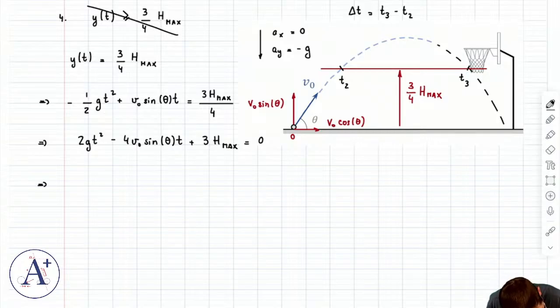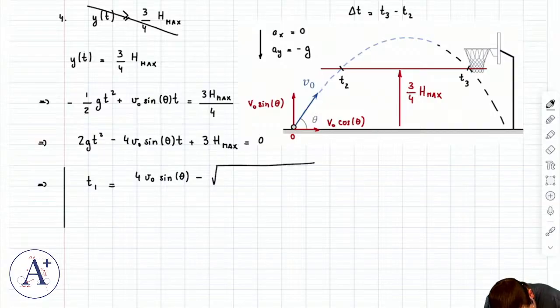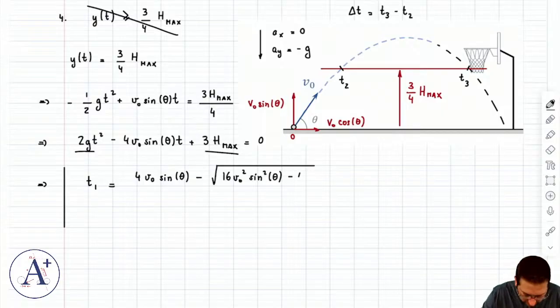I need to be comfortable saying that this quadratic has 2 roots that are going to be minus b, so 4 v0 sine theta, plus or minus, so I'll start with the minus version, the square root of b squared, which is going to be 16 v0 squared sine squared of theta, minus 4 times a times c.